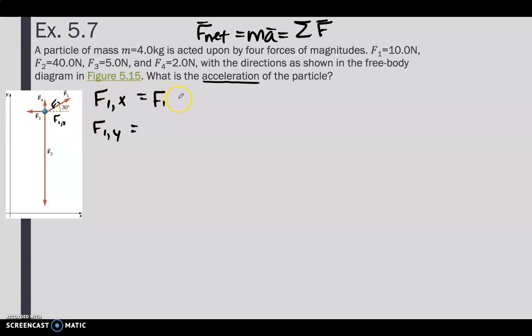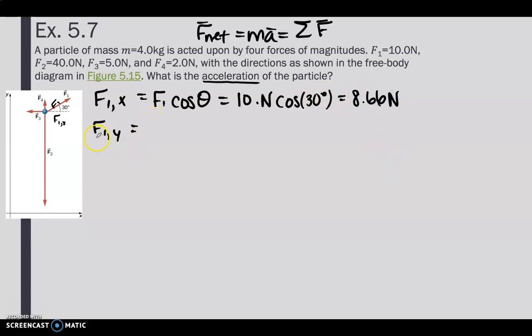So this will be cosine theta, or 30 degrees. This will then be 10 newtons times cosine of 30 degrees. That is our x component of the F1 vector, or force. Plugging that into your calculator, you get 8.66 newtons.